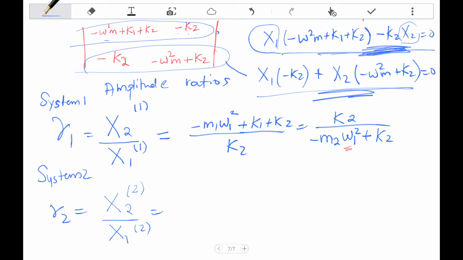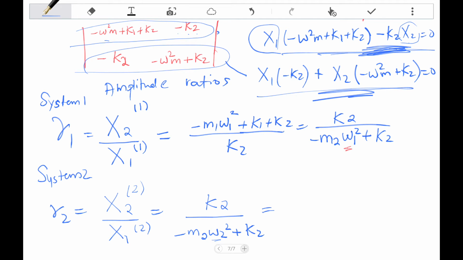Okay, so then that's going to be equal to k2 over negative m2 omega 2. See that change there? Everything else is the same, but this is going to be different. So that's going to give you your R1, R2.